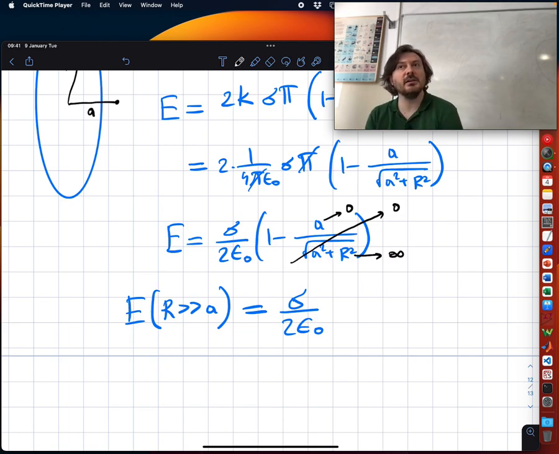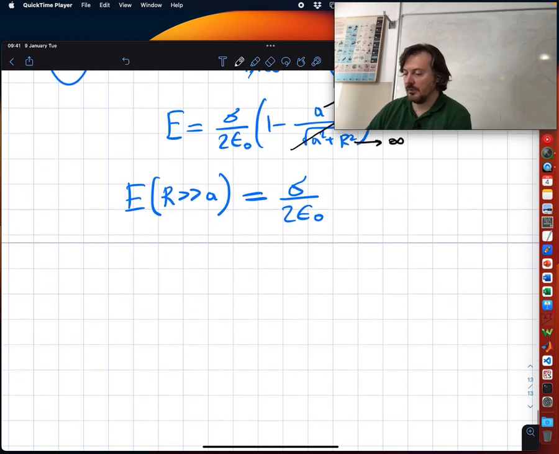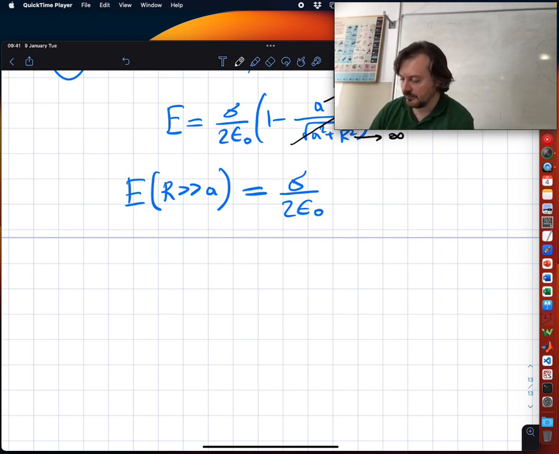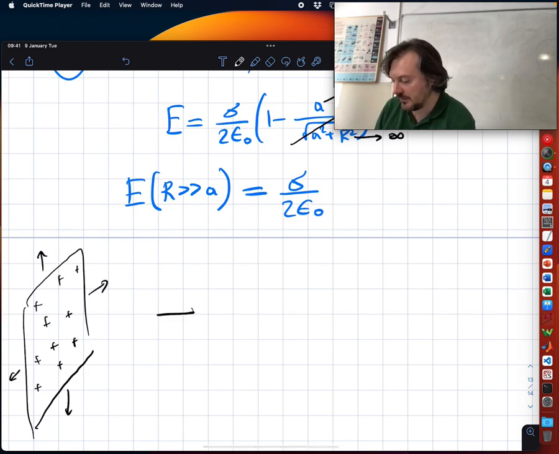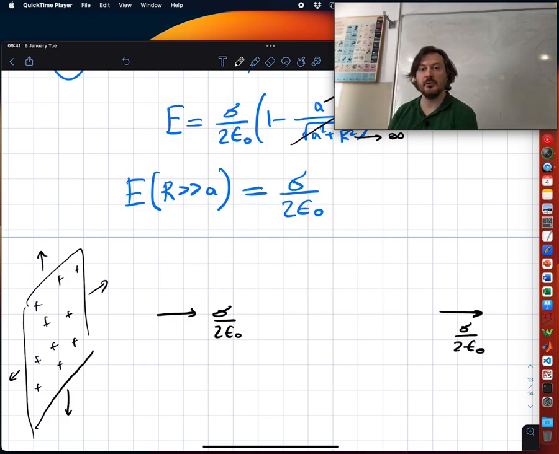This is a very, very intriguing result. It is telling you that if you have an infinite sheet of charge, so it goes on to infinity, then no matter where you are, over here the electric field is sigma over 2 epsilon 0, over here it is sigma over 2 epsilon 0, over here it's sigma over 2 epsilon 0.